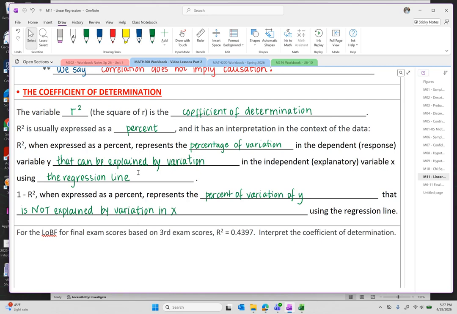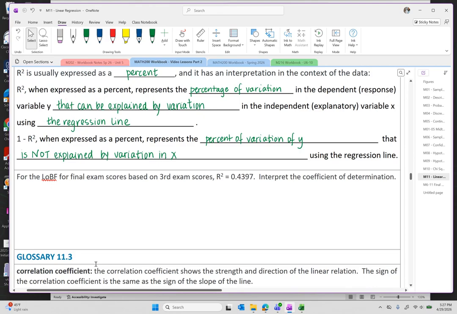When we did the line of best fit for the final exam scores based on the third exam scores, we found that R squared is 0.4397, or 43.97%.